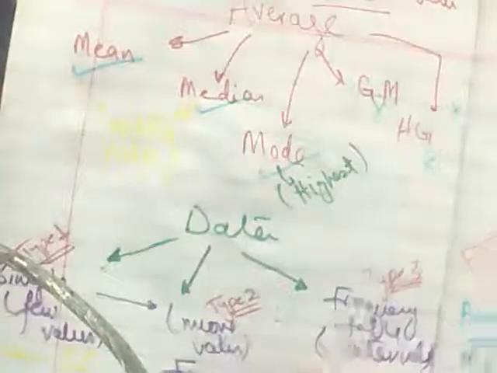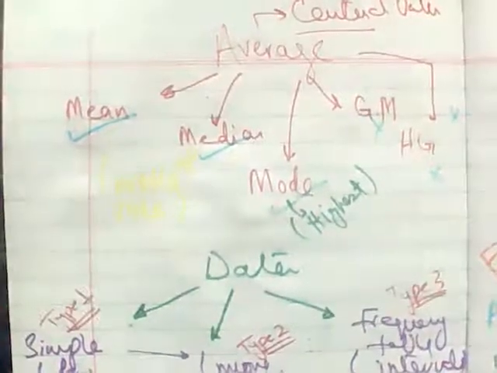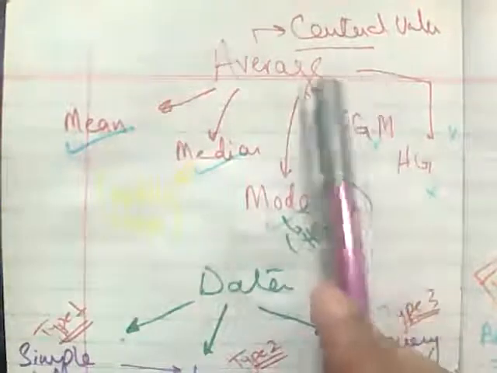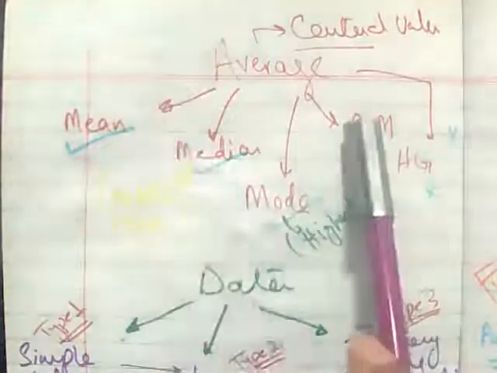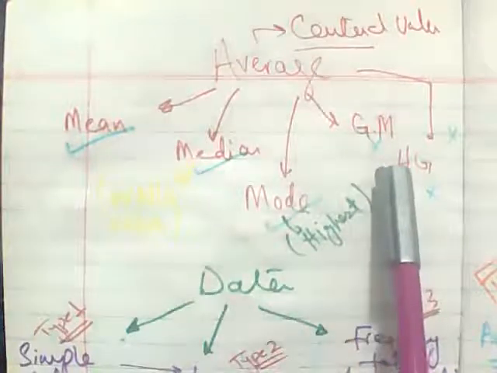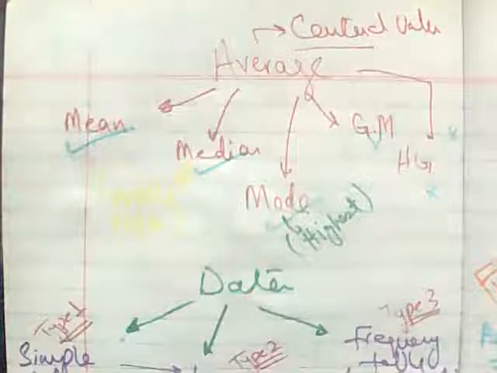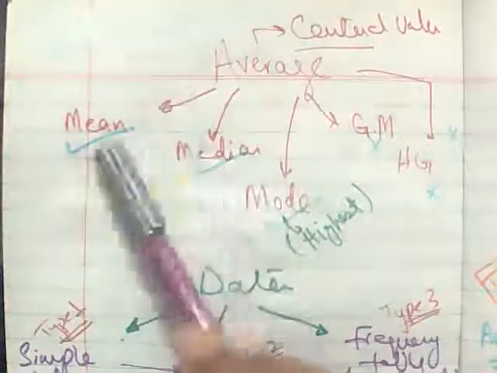see here, when we are finding the averages, which is the central value, I told you there are many methods: mean, median, mode, geometric mean, hypergeometric mean. There are many methods to find this. But we will deal only with these three: mean, median, mode.